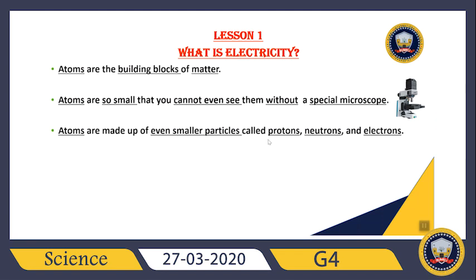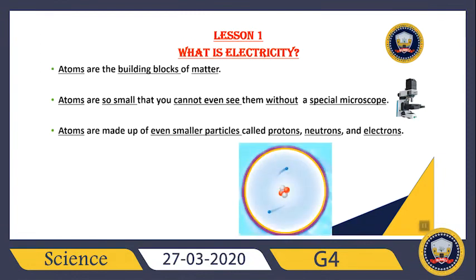protons, neutrons, and electrons. Again, the atom consists of protons, neutrons, and electrons. So let's see the shape of the atom. The atom is like that.